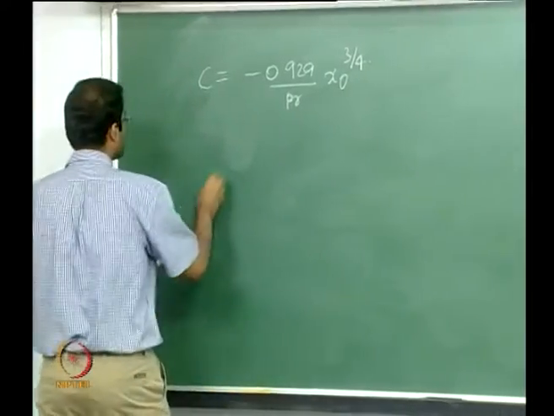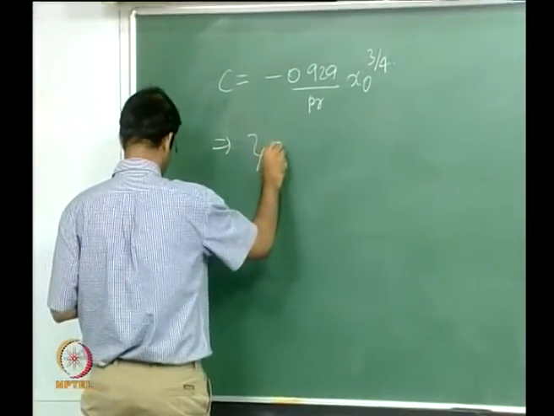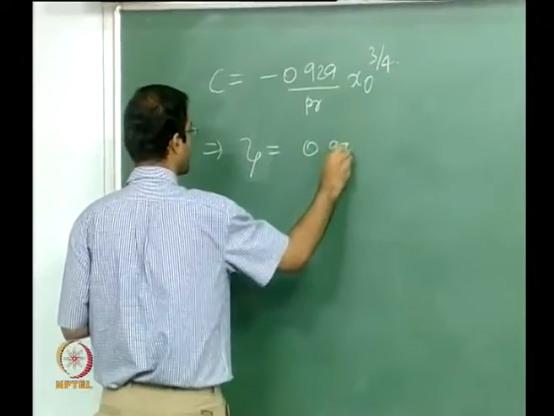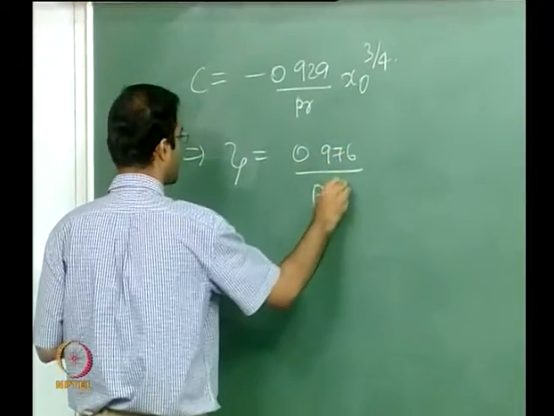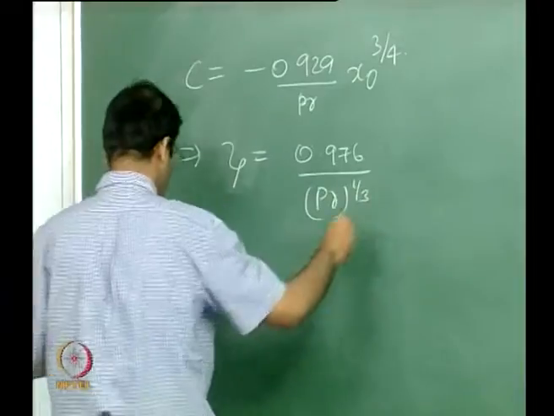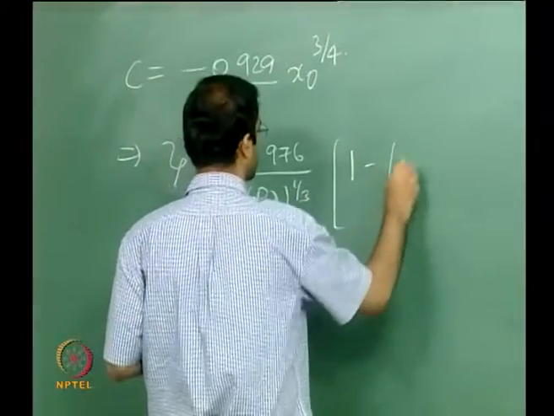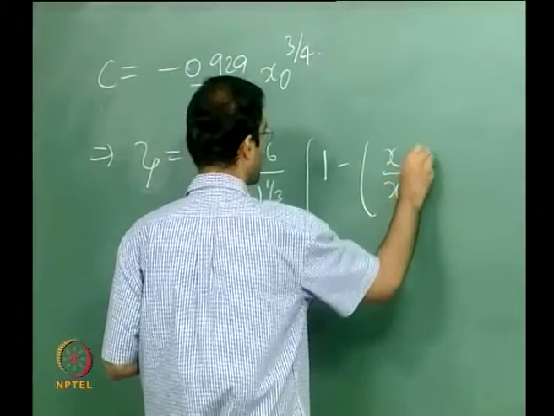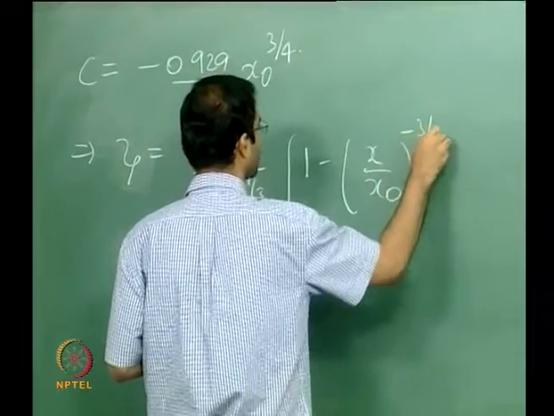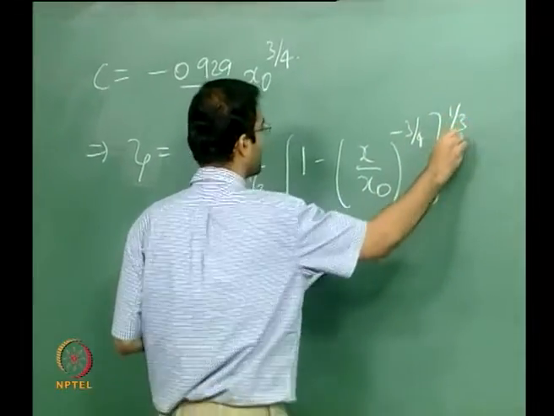Therefore the final solution for zeta can be expressed as 0.976 by PR to the power 1 by 3, 1 minus x naught by x to the power 3 by 4, the whole raised to 1 by 3.